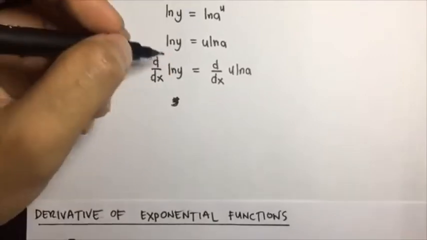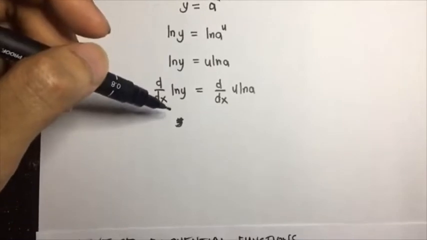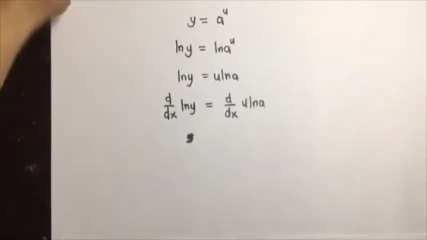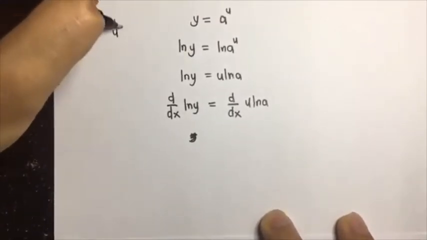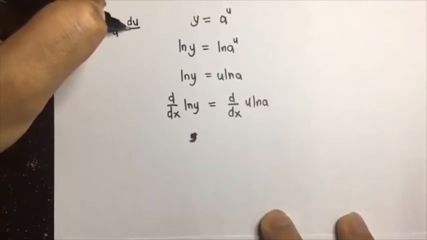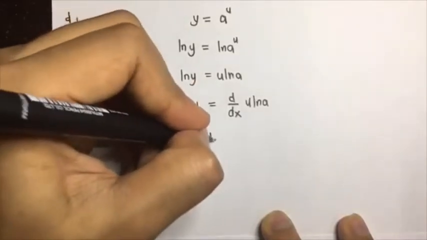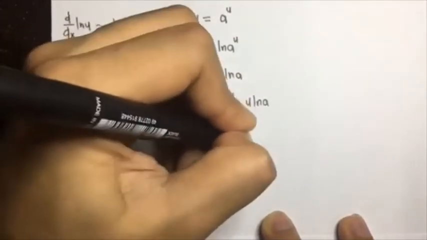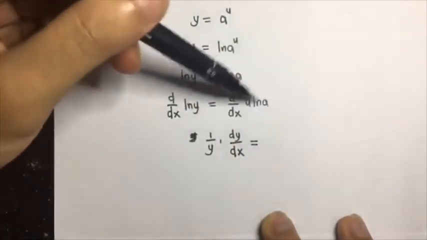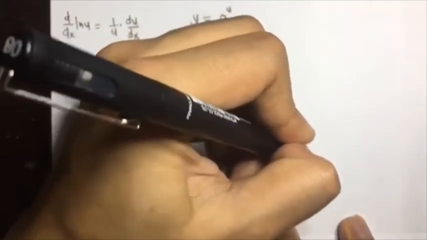Okay, so deriving ln of y with respect to x, from the formula in the previous lessons, the derivative with respect to x of ln of u is equal to 1 over u times du over dx. So in this case, our u is equal to y, therefore this will become 1 over y times dy over dx is equal to ln of a, which is a constant, so you can write that outside of the derivative sign, and then the derivative of u with respect to x, that is du over dx.